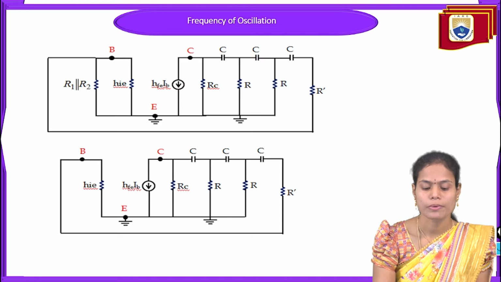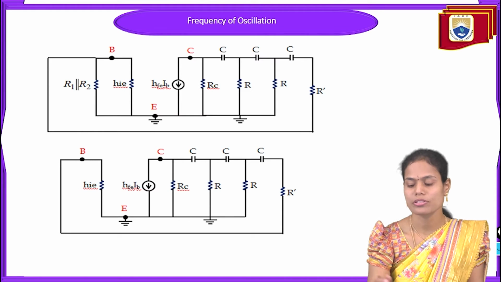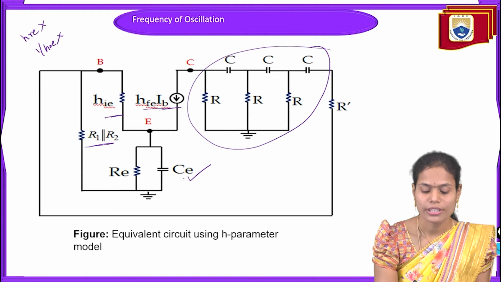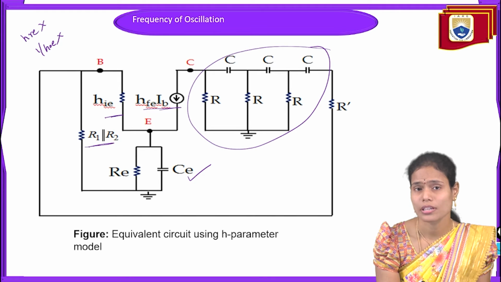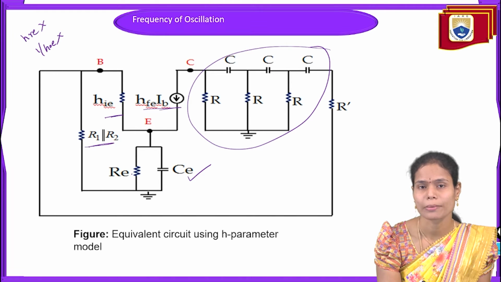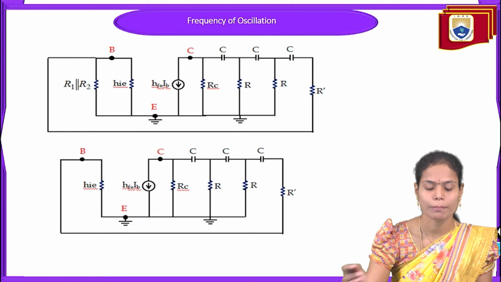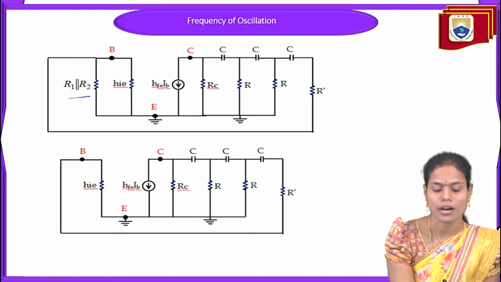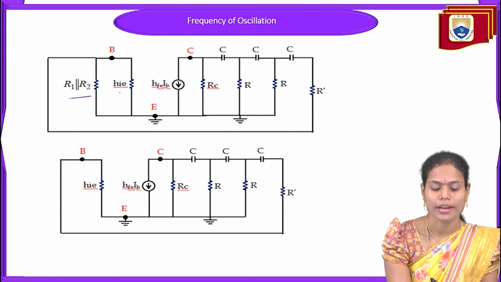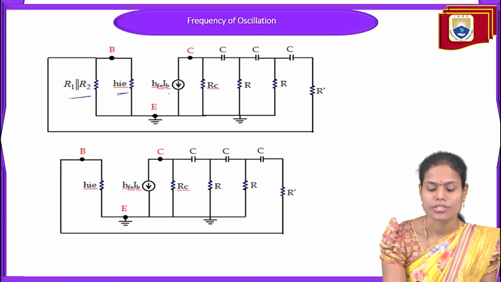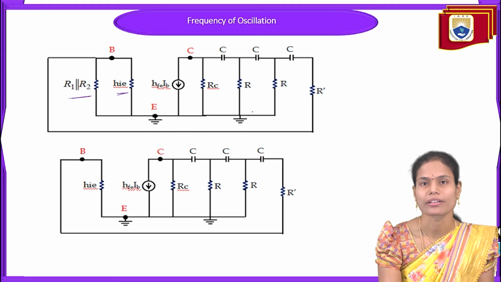For the analysis, we are neglecting the capacitors. When we neglect the capacitors, the RE, which is connected in parallel, will also be short circuited. So the remaining elements are R1 parallel with R2, HIE, HFE, IB and the feedback network.